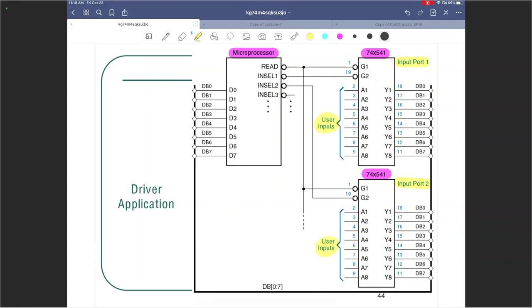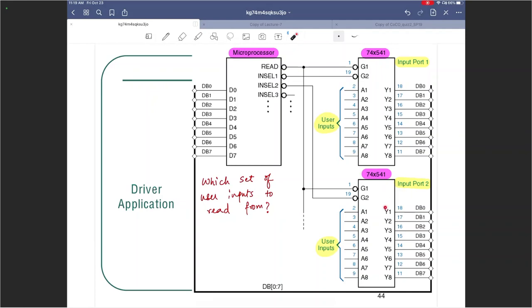Now let us go through this. Let us try to answer which set of user inputs to read from. So the way it is right now, the microprocessor should have the ability to read from input port 1 and input port 2.